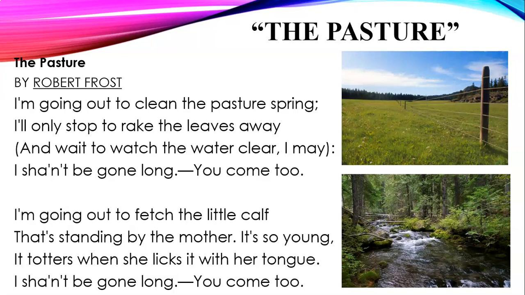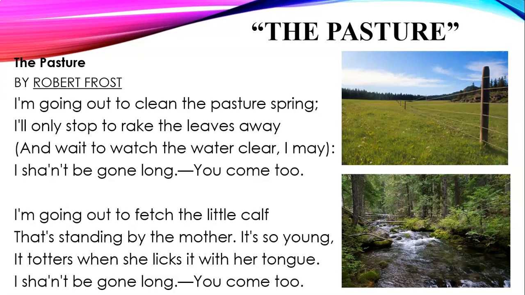So the speaker, Robert Frost, is using what kind of language here? He's using sensory language, right? If you were to close your eyes, you can see he's in the pasture. That means he's outside. It's green grass. He's raking the leaves. He's telling somebody they shouldn't take long, and he's waiting for what? He's waiting for the water to clear, right? So maybe he's going to go get water from a stream to drink it. And then he goes out to get the little calf, and the calf is so small that it's standing next to the mom.